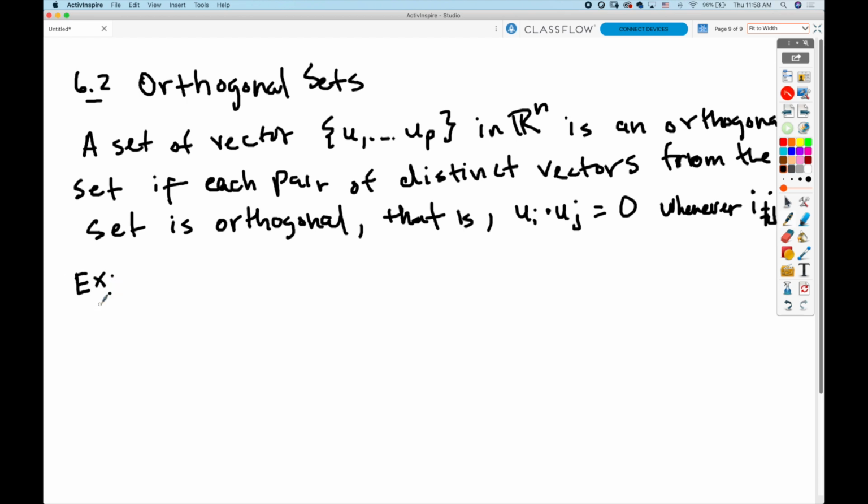We're going to show that this set of vectors u1 to u3 is orthogonal.